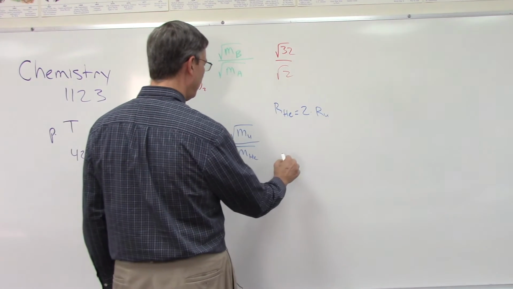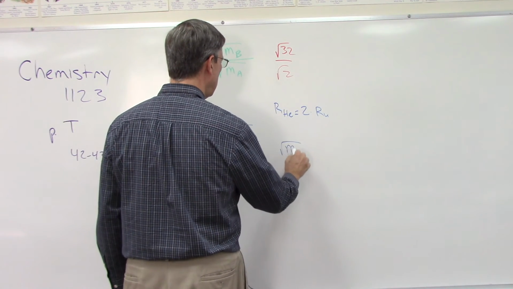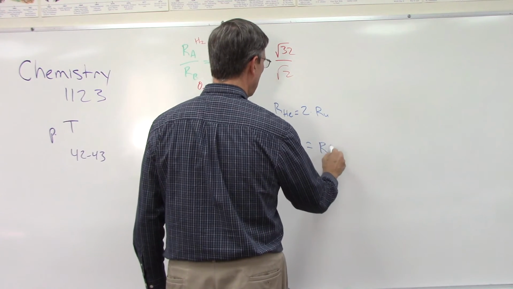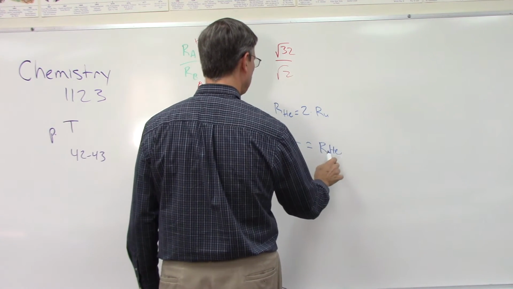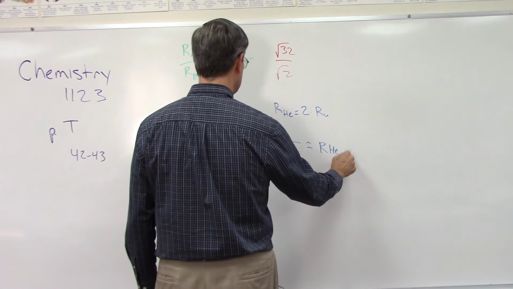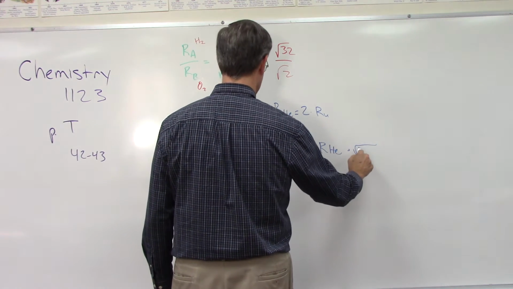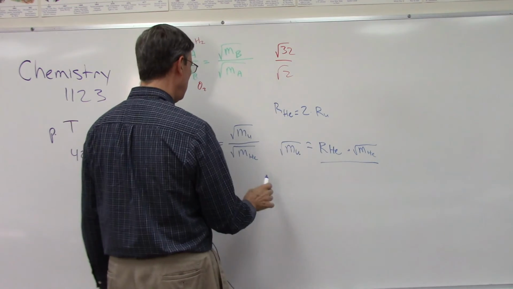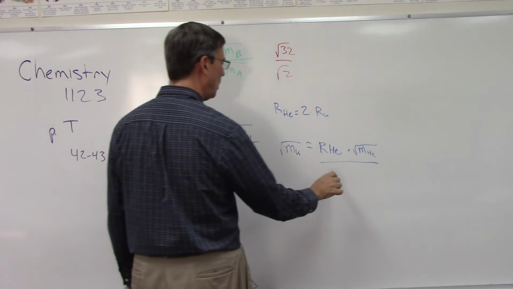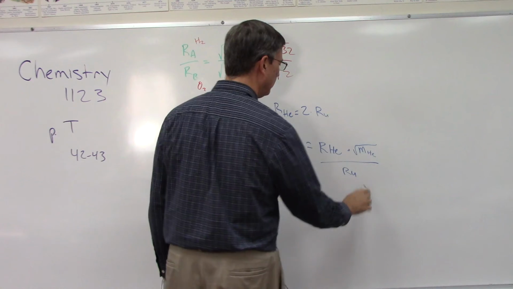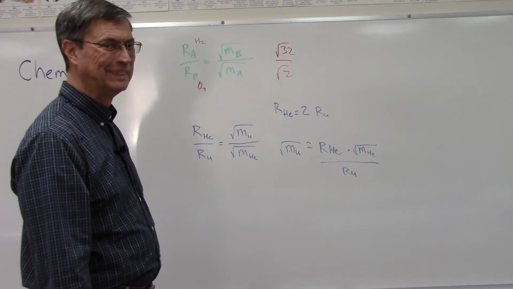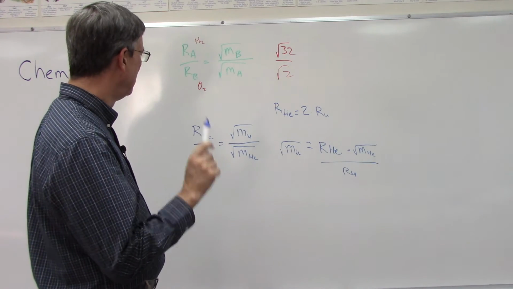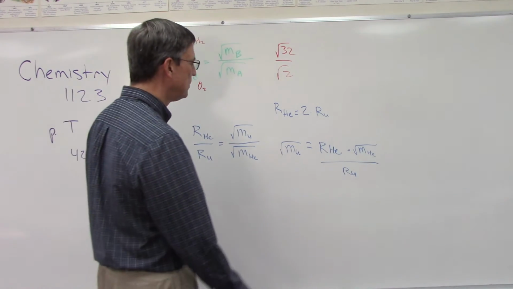So I'm going to set up a little formula here that says M_U equals, I'm going to cross multiply, R_He, should be subscript, times the square root of M_He divided by R_U. Are you with me? So Mr. Anger, this is not looking easier. Hang on. Now we're going to do some substitutions.